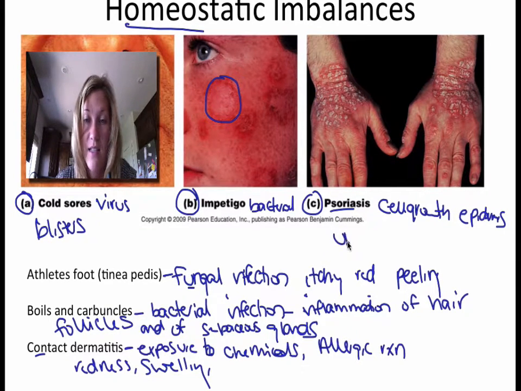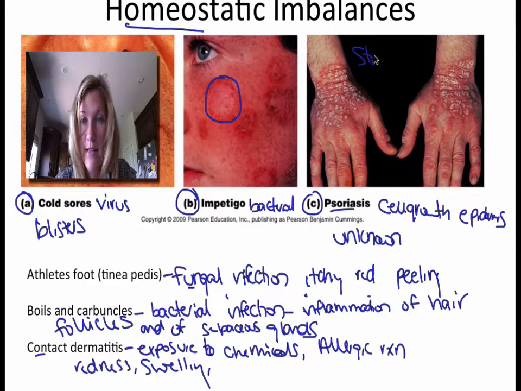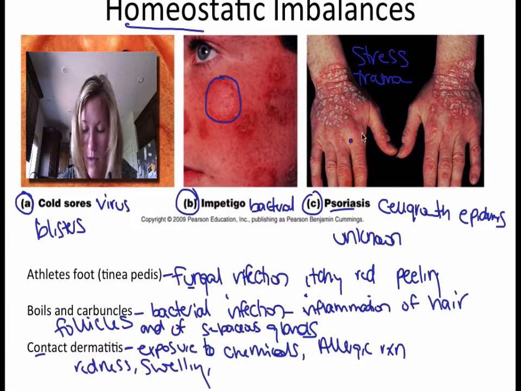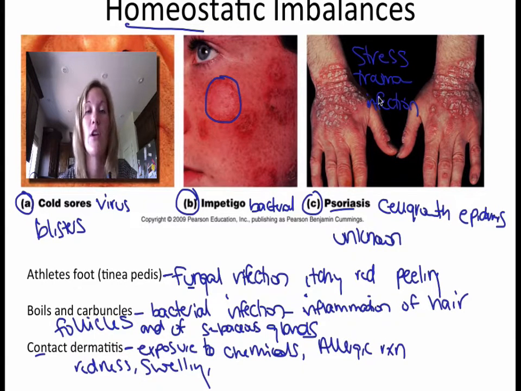The cause is unknown, but it can be triggered by stress, trauma, or infection. So those are a couple of the homeostatic imbalances that have to do with infections and allergies and that sort of thing.